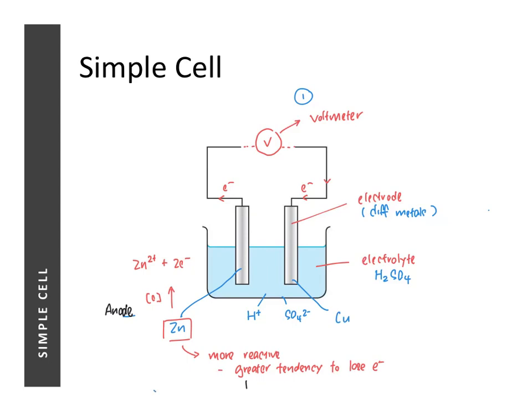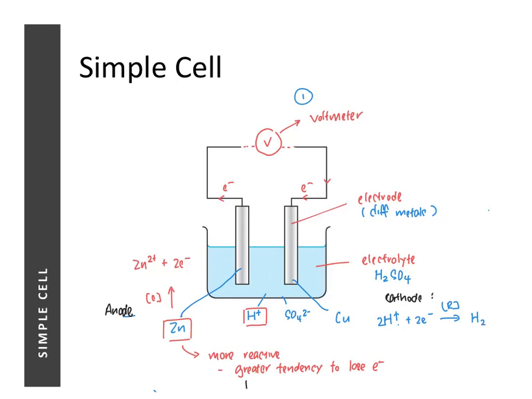It would be your hydrogen ions. So at the cathode, the hydrogen ions are going to take in the electrons and be reduced to hydrogen gas.